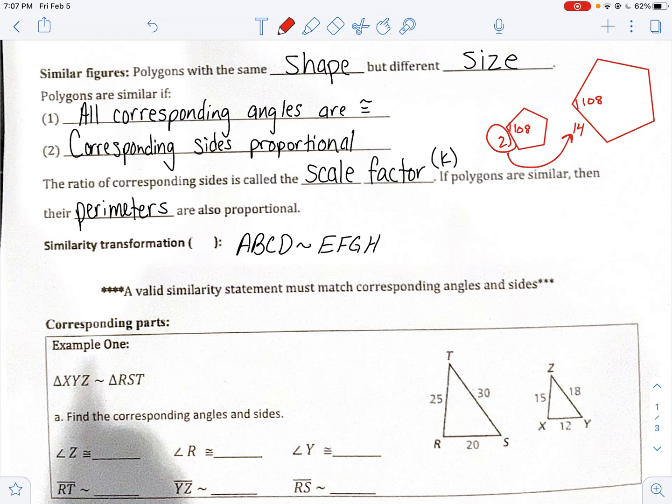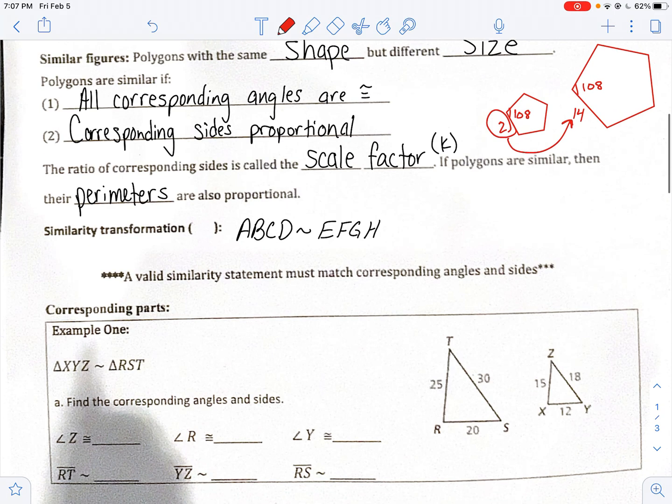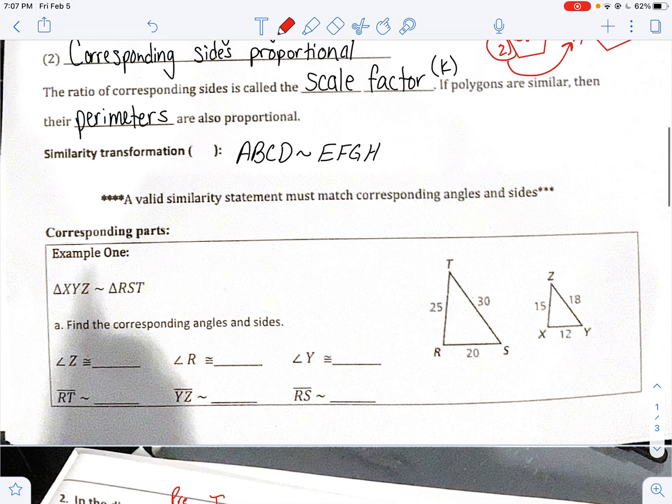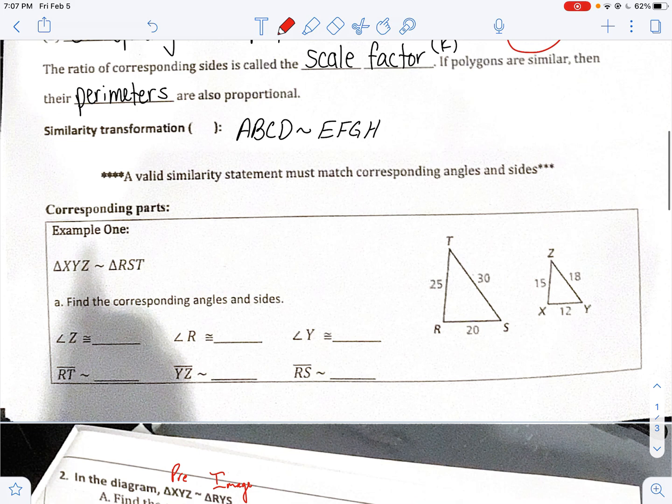You take the vertex names, and you write them such that the corresponding vertices are in the same spot. So B would correspond with F, or H would correspond with D, or A would correspond with E, and so on and so forth.